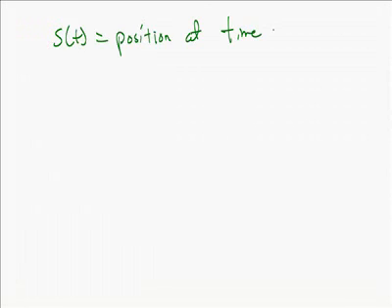And I do want to point out that this does make sense in light of what we talked about. If s of t is a position function, so that's going to be a position of some particle or object at time t. We said that v of t, which is the derivative of s of t, is the velocity function.